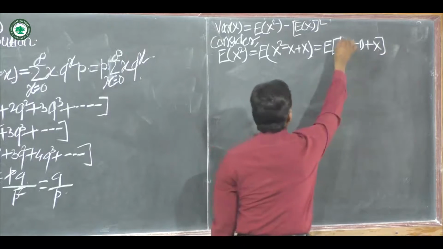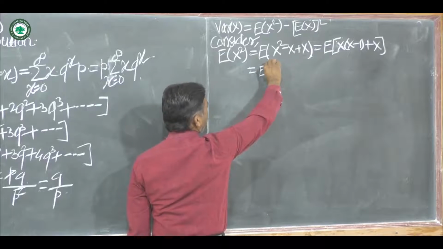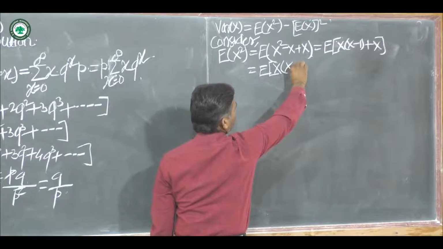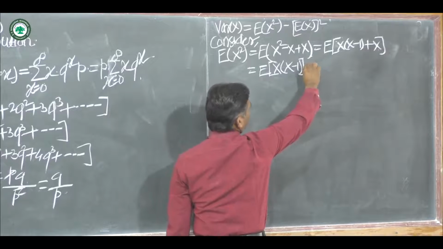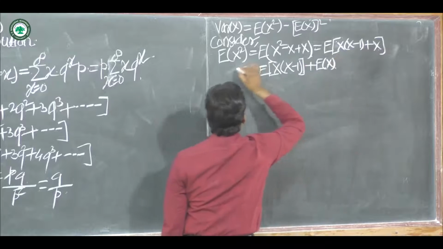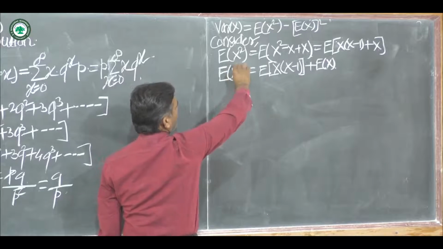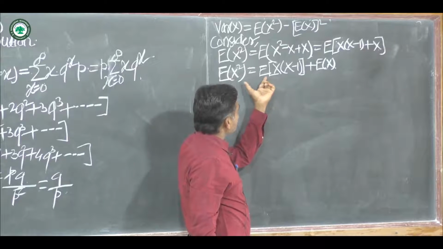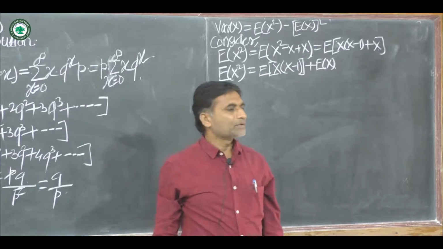Again this can be written as expected value of x into (x minus 1) plus expectation of x. This is the expected value of x square. Now we first obtain the expectation of x into (x minus 1) as follows.